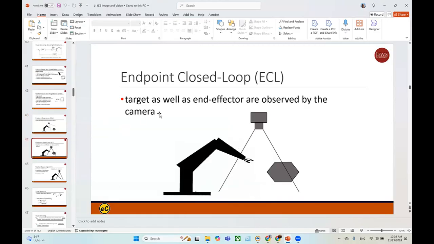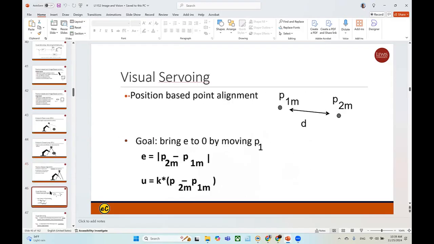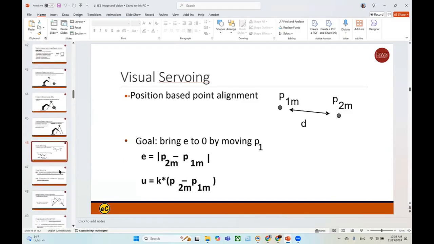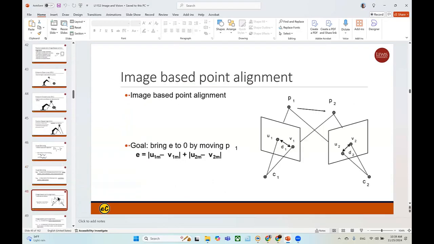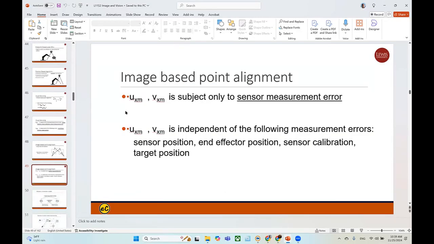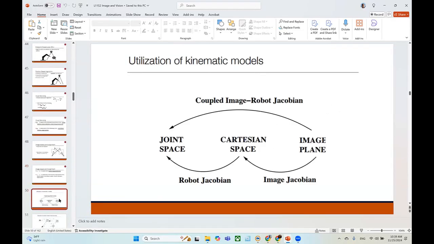You feed back and keep moving toward the target based on the feedback. Servoing is that you minimize the difference between your expected location and your observed location. These are your controller.